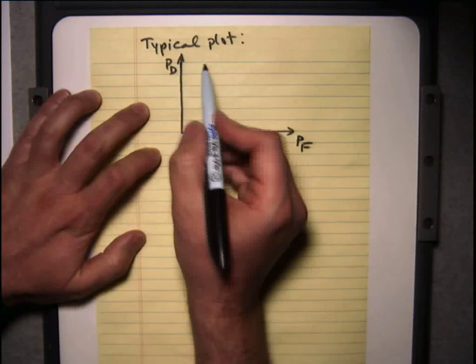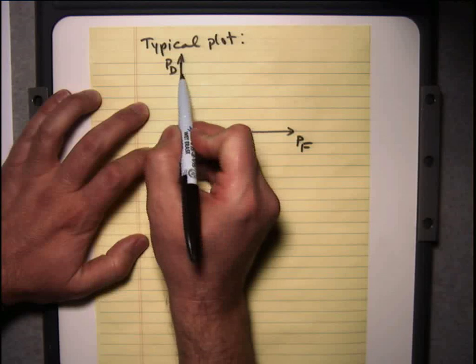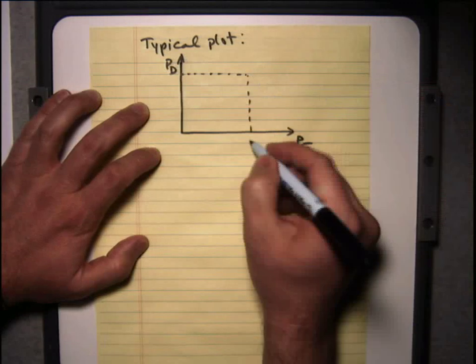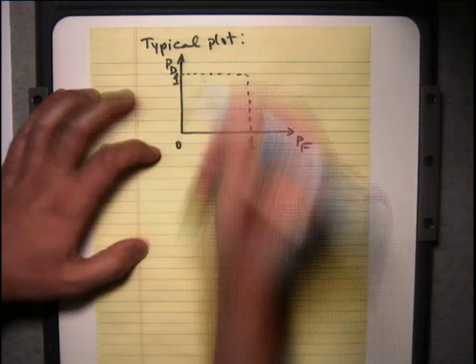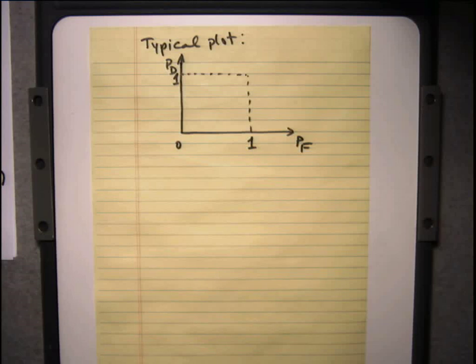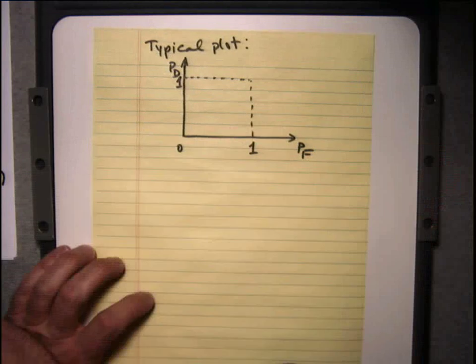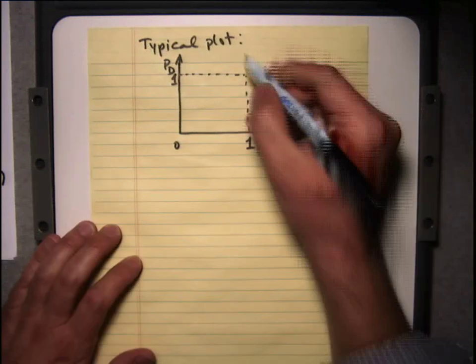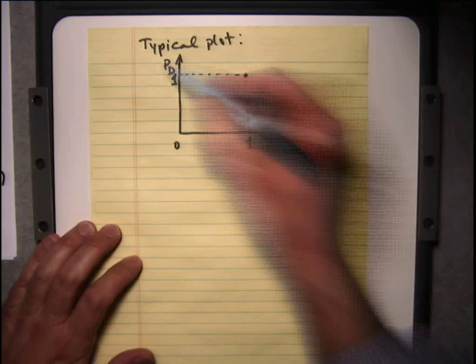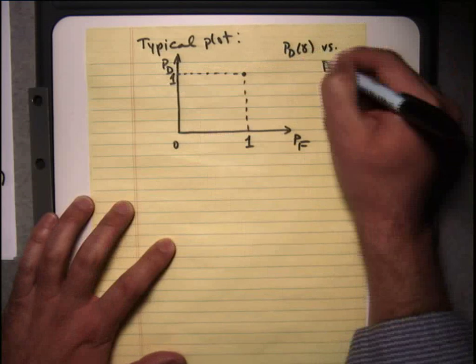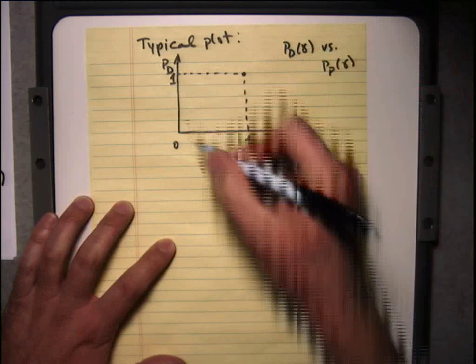Now you must remember that these two are plotted within a certain range, 0 to 1, 0 to 1. These numbers are always plotted between 0 and 1 because they're probabilities. So typically when you plot PD of gamma versus PF of gamma, you're going to get some curve that looks like this.